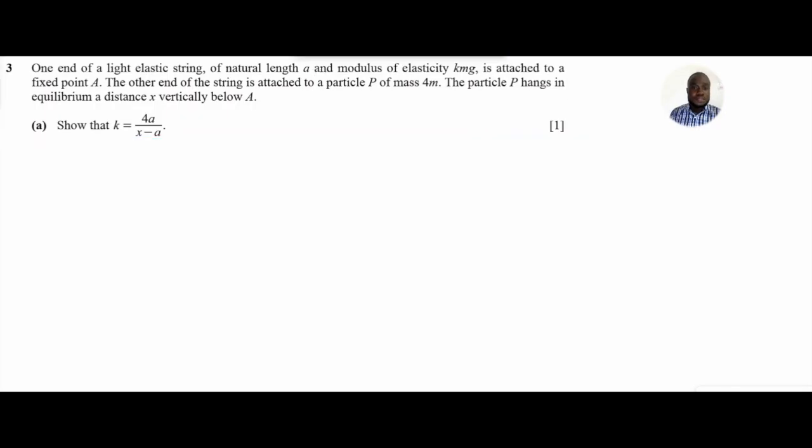Question 3 is in 2 parts, so let's take the first part. One end of a light elastic string of natural length a and modulus of elasticity kmg is attached to a fixed point A, so let's graph this one. The other end of the string is attached to a particle P, so let this be a particle.